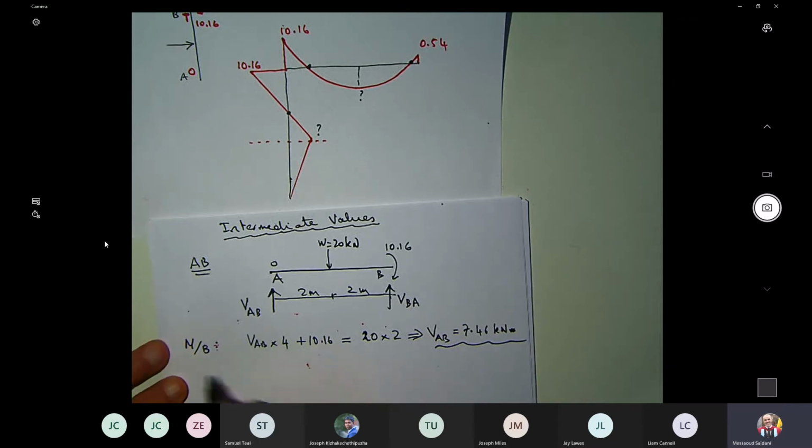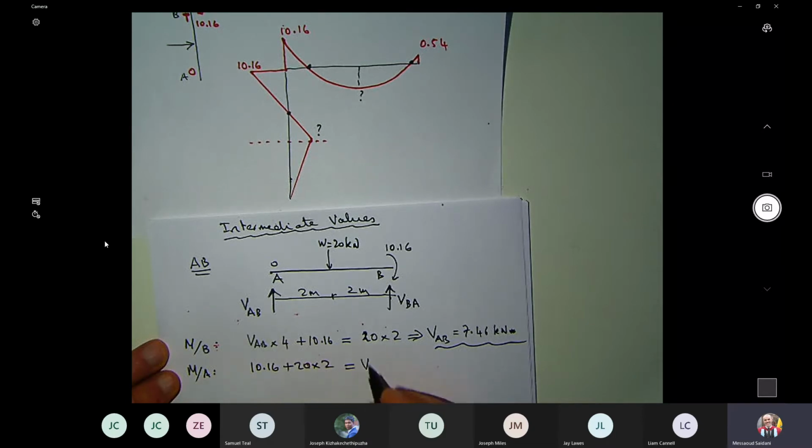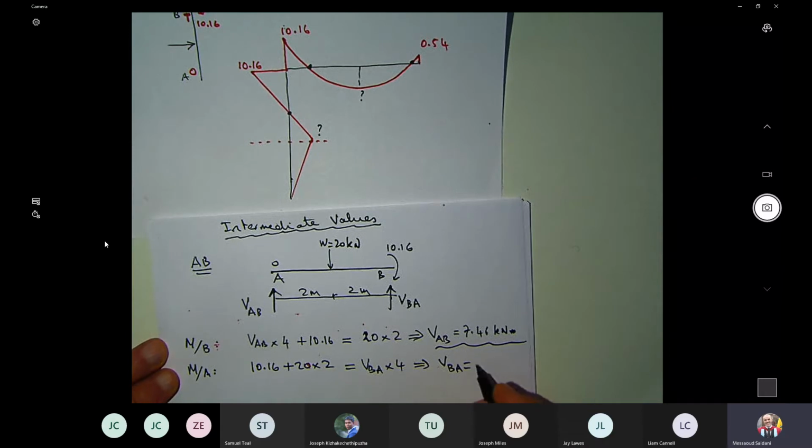And similarly, if we take now moments about point A, we have clockwise about A, we have 10.16. Clockwise, we have 20 times 2. And anti-clockwise, we have VBA times 4. And if you can check this again, I've got 12.54 kilonewtons.